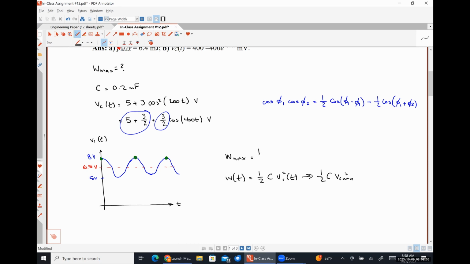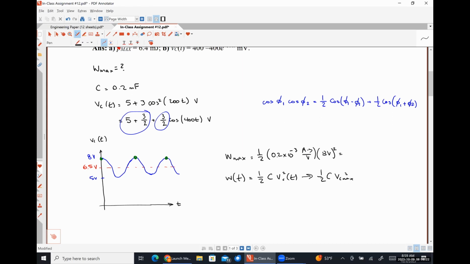is 8 volts. So we're going to have 1/2 times 0.2 times 10 to the minus 3. Let's see, a farad is an amp second per volt, times 8 volts quantity squared.